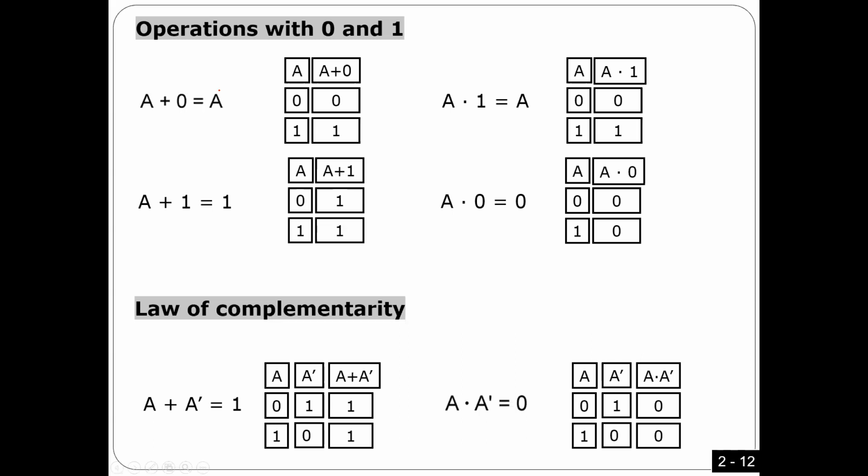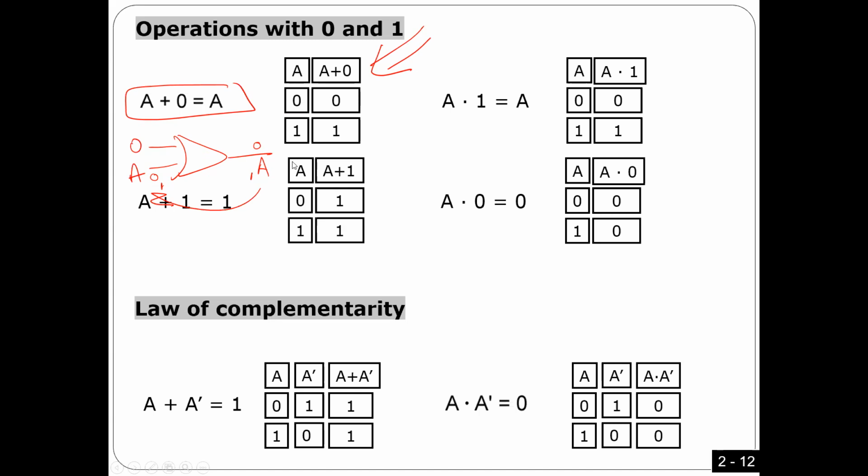Let's look at this one here, A or 0. Now if one input is 0 and one input is A, the output will be similar to A. Can you convince me? I'm going to convince you. If A is 0, I'm going to get 0.